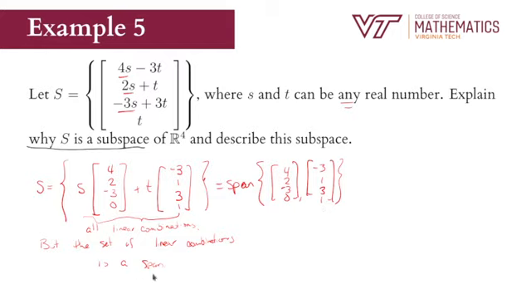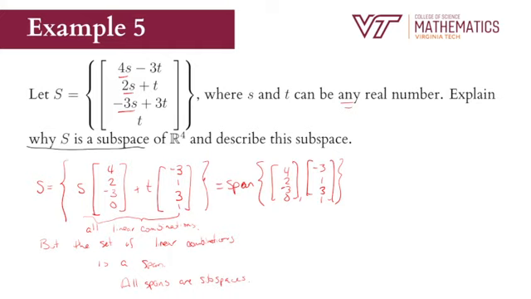And all spans are subspaces. So since all spans are subspaces, then S is a span. It's just not written in the form of a span. S is a subspace.